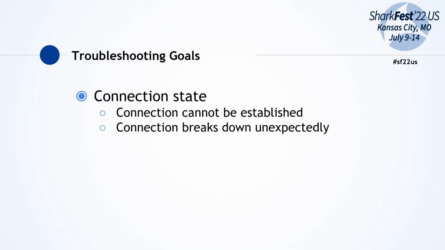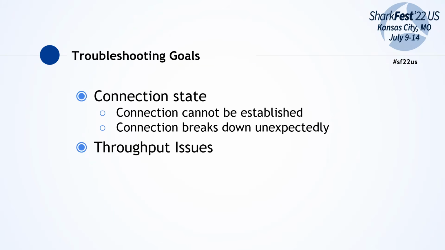Or if you have a connection, it breaks down unexpectedly or suddenly is disrupted. Of course, there can be reasons like power outages or a backhoe destroying a cable, but not always. Very often it's something else that breaks the connection, and we will also take a look at one of those examples.